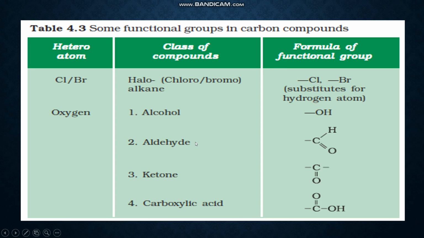The class called aldehyde has the functional group CHO, actual structure C single bond H, double bond O. The class called ketones has the functional group CO, C double bond O. And the class called carboxylic acid has the functional group COOH.